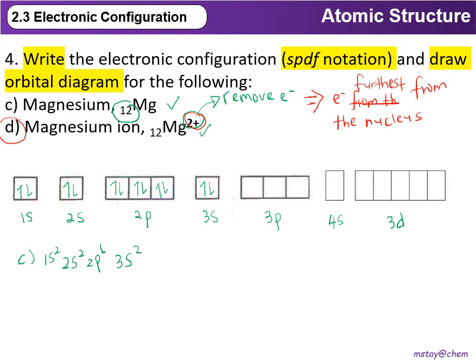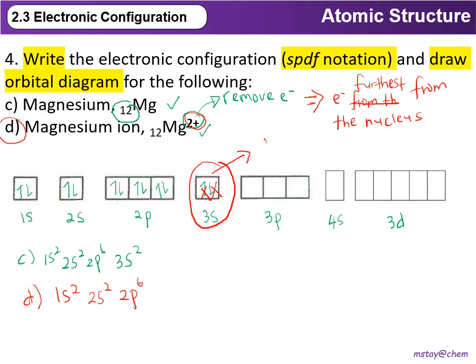According to this case, from 1s until 3s, the 3s orbital is the furthest from the nucleus. The 3s orbital has 2 electrons, which means we are going to remove these 2 electrons.